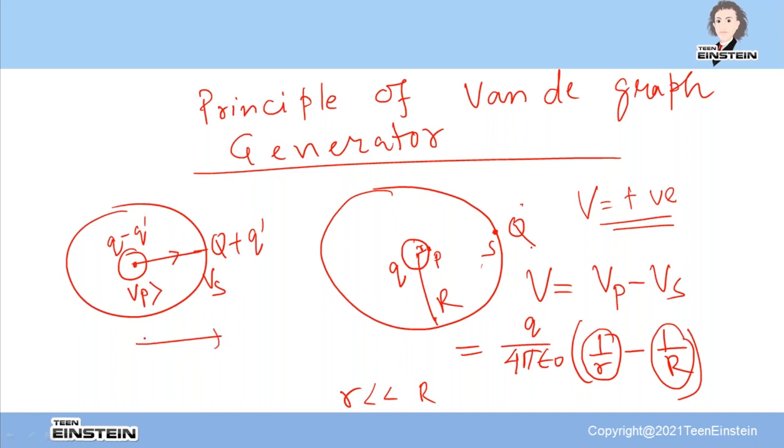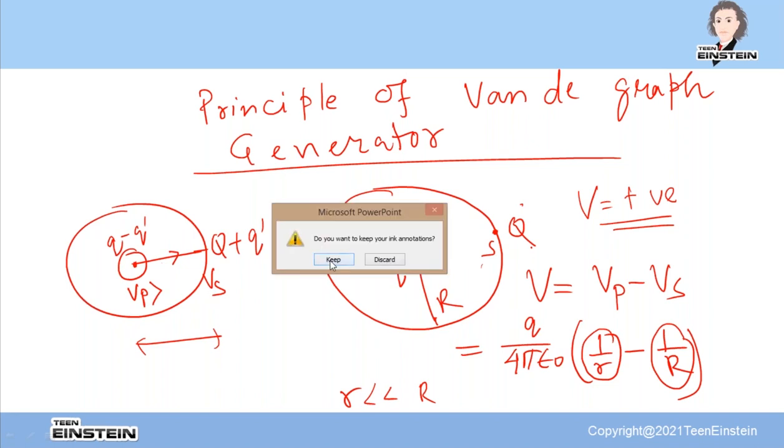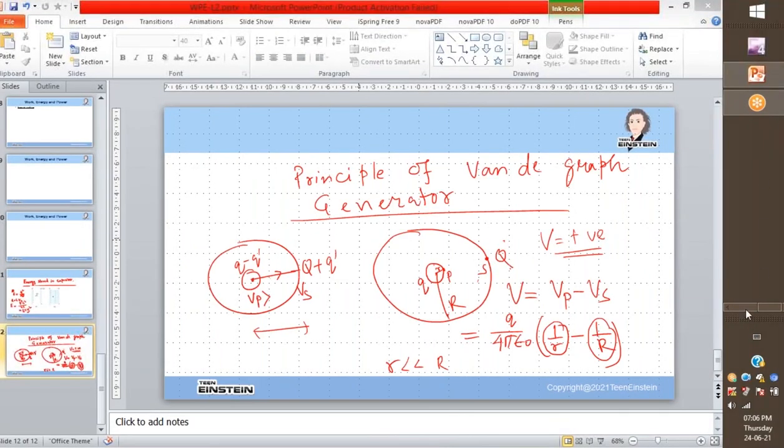Okay, so let us see the same thing in your book. See, it is here. If you somehow connect this small sphere to capital sphere by conducting wire, then charge will flow from small sphere to capital sphere.